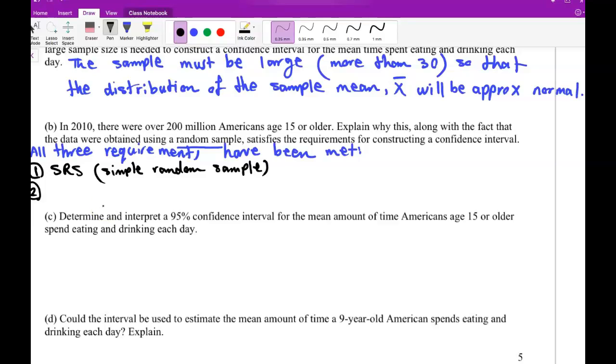That means that we have independence, because sample size is small compared to the population. And we have this one too, less than or equal to 5% of population size.